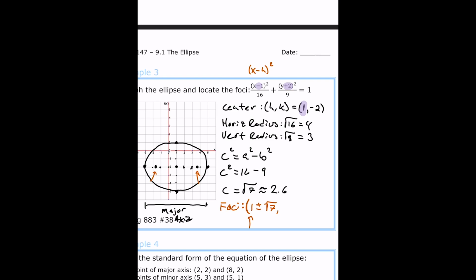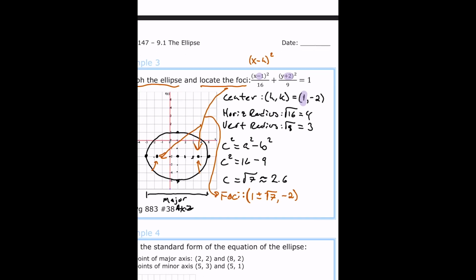So we started at 1, and we went left and right the square root of 7 horizontally to get to our foci, but vertically we didn't change at all, so our foci still have y coordinates of -2, just like the center. Did we graph the ellipse? Yes. Did we locate the foci? Yes. Not only did we locate them on our graph, but we found their exact locations. We're good.